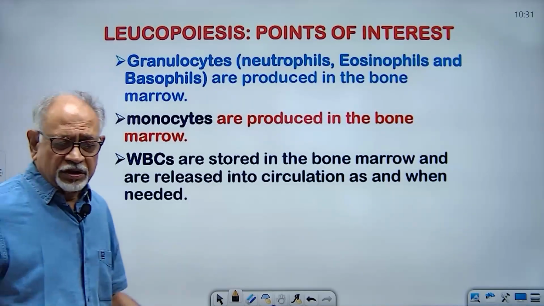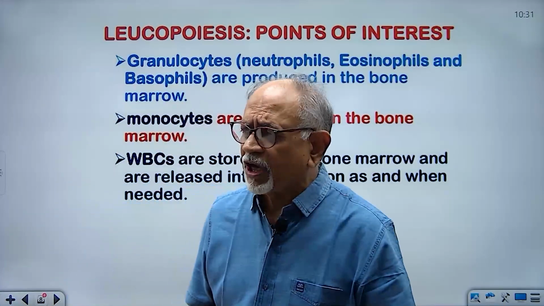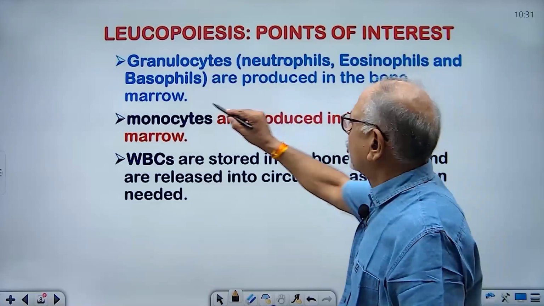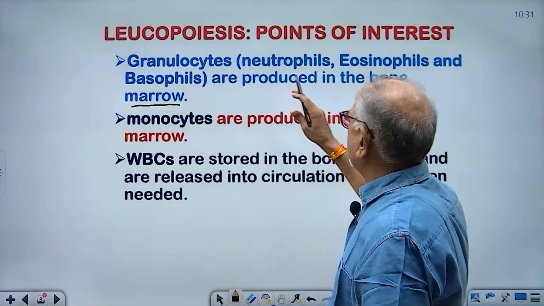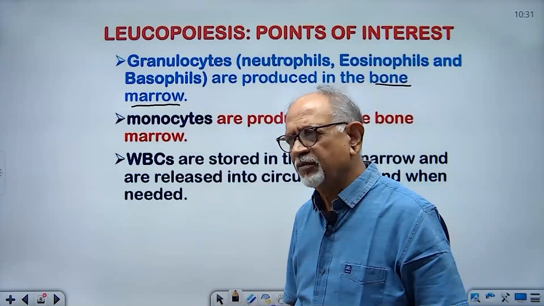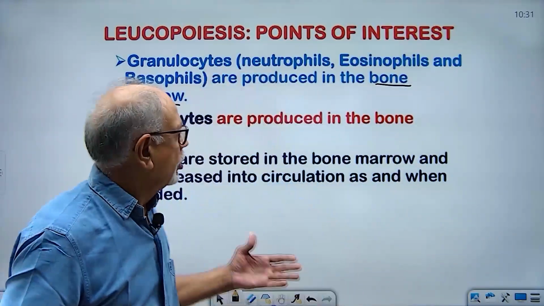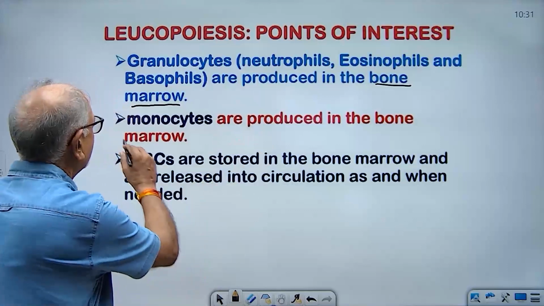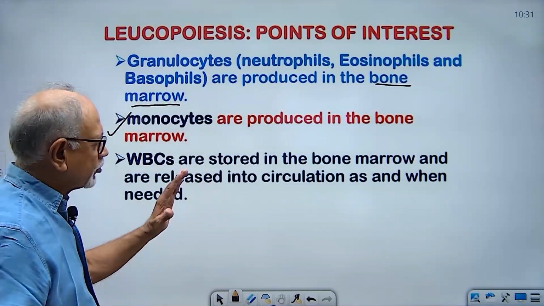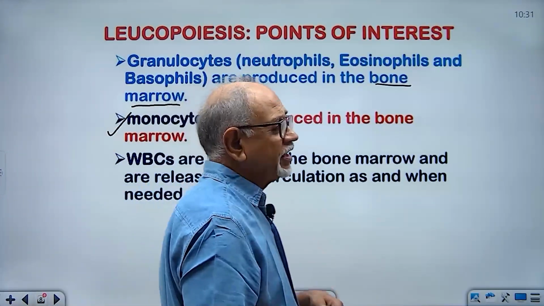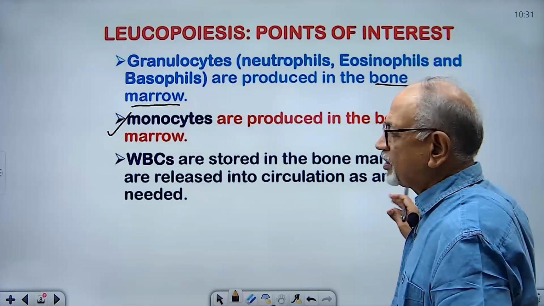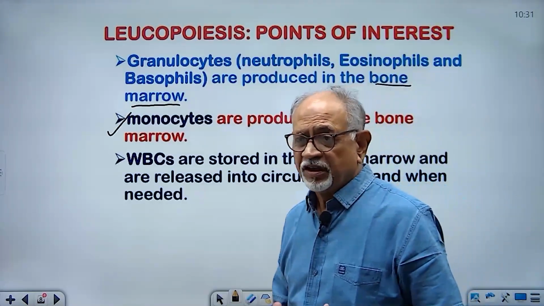Now, the production of granulocytes occurs in bone marrow. All three, that is neutrophils, eosinophils and basophils, are produced in bone marrow. The monocytes are also produced in bone marrow. All the WBCs are produced in bone marrow and they are released into the circulating blood as and when required.